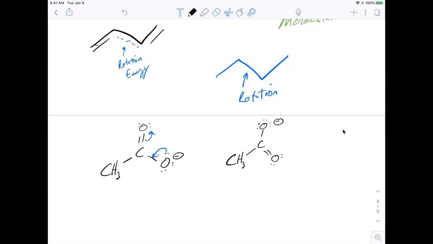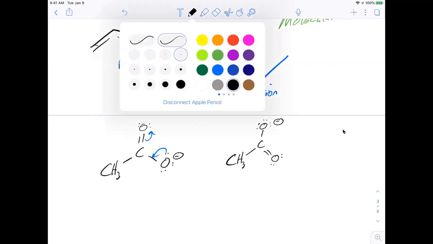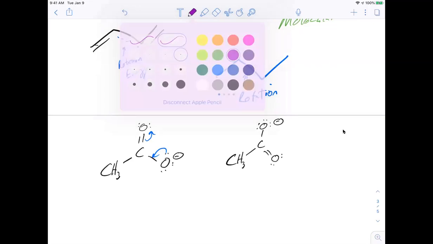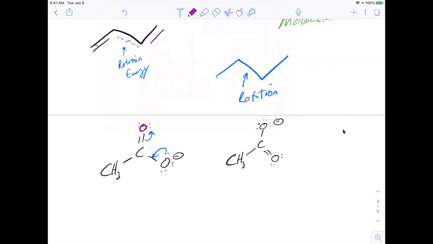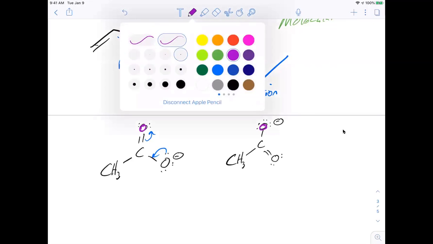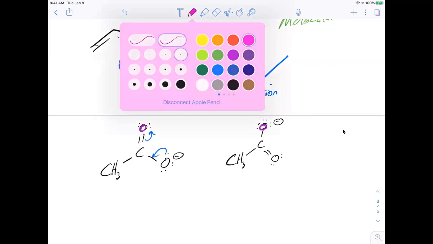So I moved a lone pair up towards the oxygen, and I'm going to change some colors here so that makes that purple, like this pink.